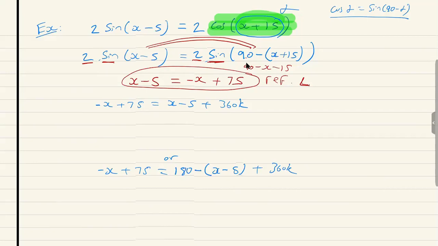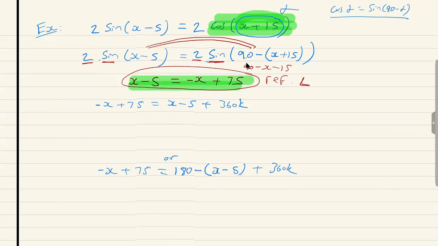I hope I didn't confuse you here. I'm just saying you can first write x minus 5 and then write negative x plus 75 on your right hand side, or you can write negative x plus 75 on your left hand side and x minus 5 on your right hand side. No difference at all.